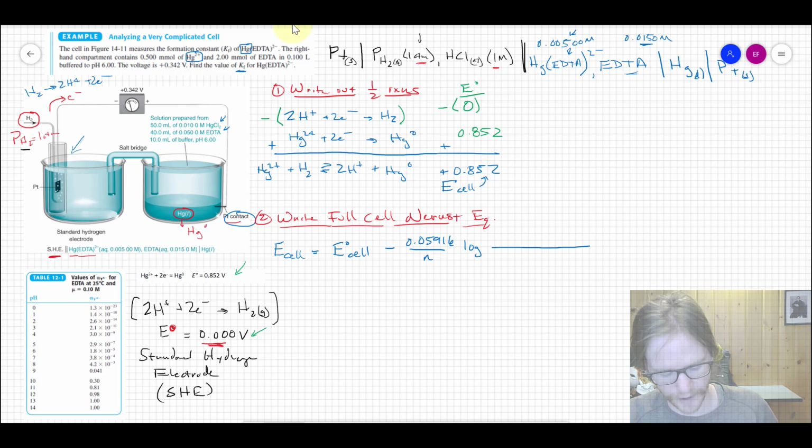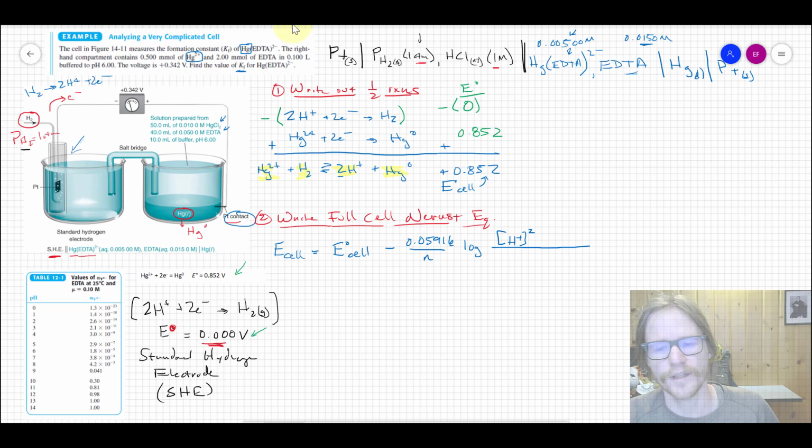So we need to be a little bit careful here. So we're talking about this full cell reaction here. So that would mean we have the concentration of H plus, but be careful because that has a coefficient of 2, so that gets squared. We do not treat mercury because that's a pure substance, that's a liquid, pure substance, so nothing else in the numerator in this case.